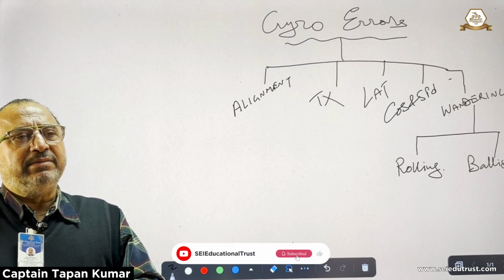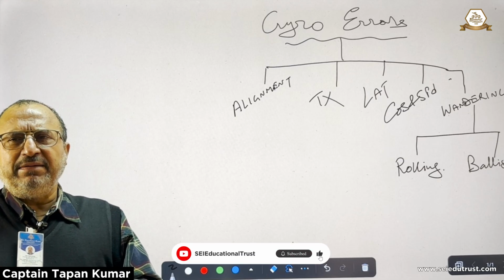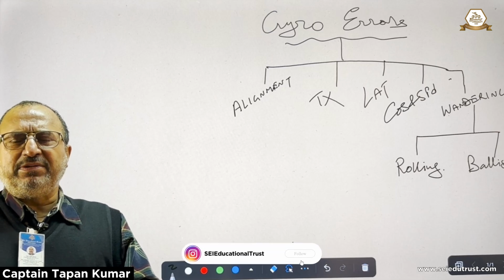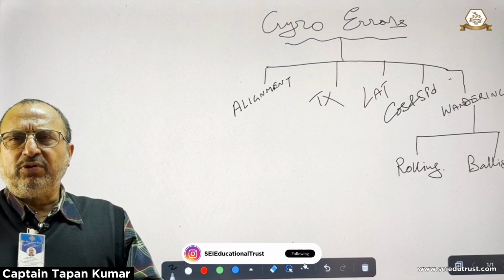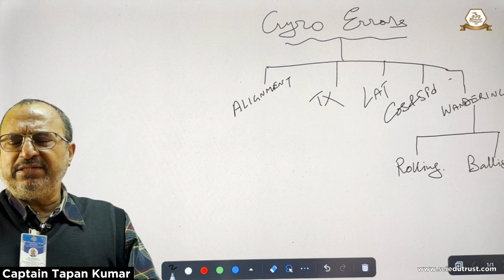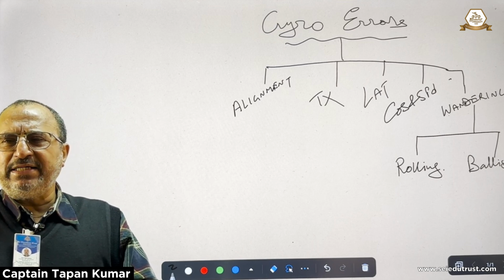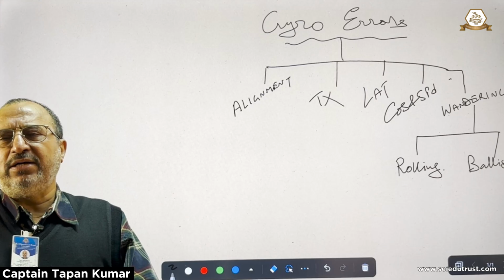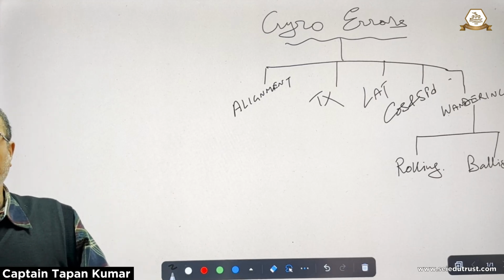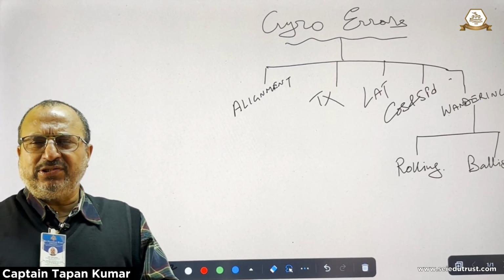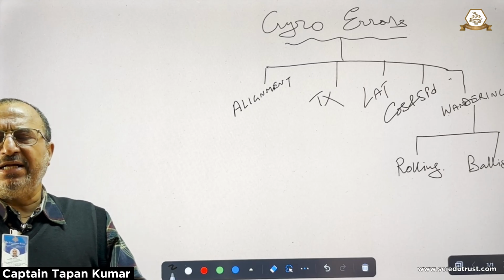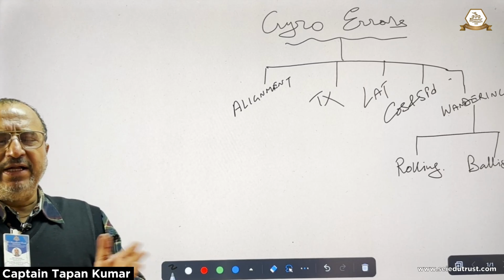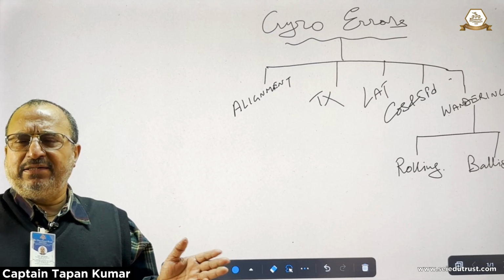But yes, in case the level line shifts, that can be treated as one of the correlated errors of the gyrocompass. That of course you are finding out once in a watch, and you are finding out the gyro error, isn't it?